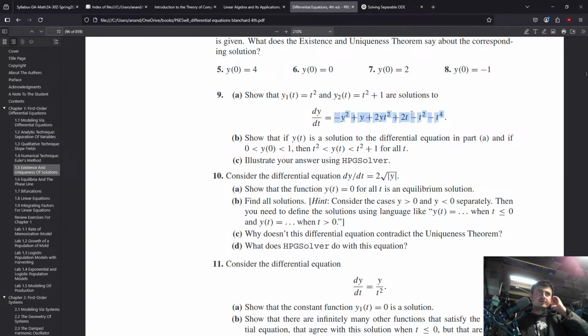And then what we want to show is also that this, with respect to y, is also continuous. So what we're going to do is just take this expression and do partial f, partial y. And so we're going to get minus 2y plus 1 plus 2t squared. And that's the whole thing. I'm pretty sure that's the whole thing.